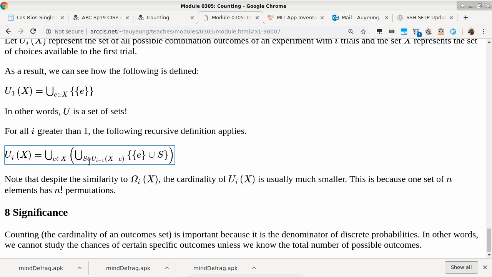Look at this. So you have a union on the outside, and then what you're unioning is another union.